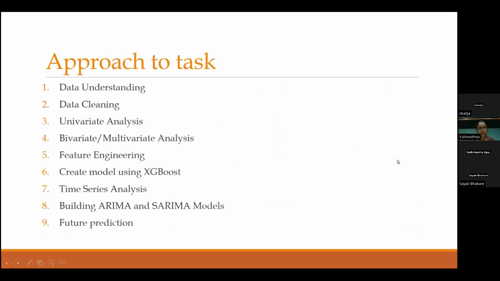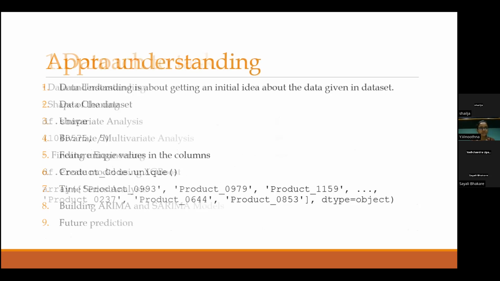Now, my approach to this task: I have followed these steps in order to predict the future performance, that is, the future demand. Among these steps, the first step is data understanding.